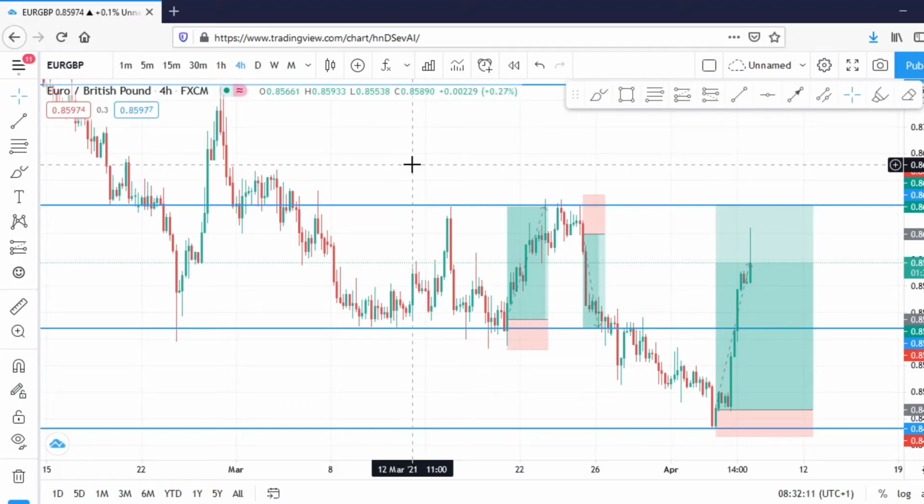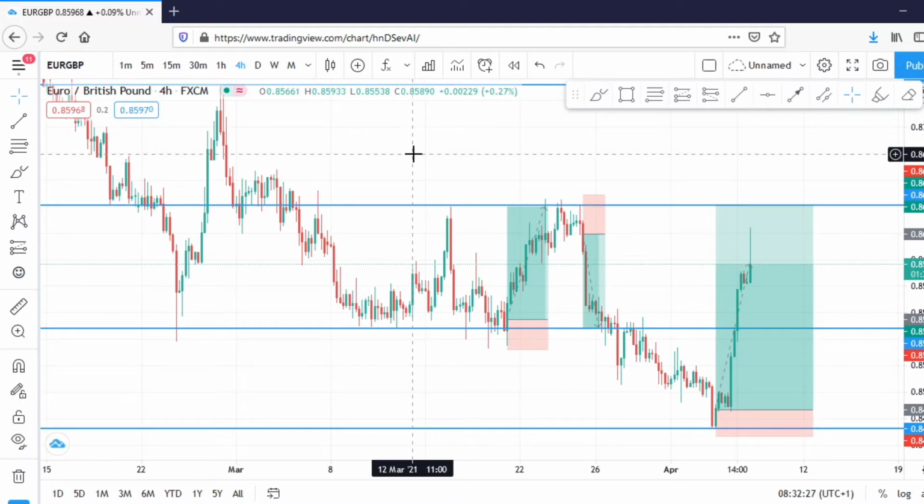Today I want to talk about support and resistance. I just want to show you a very easy support and resistance strategy that you can apply if you're a beginner.